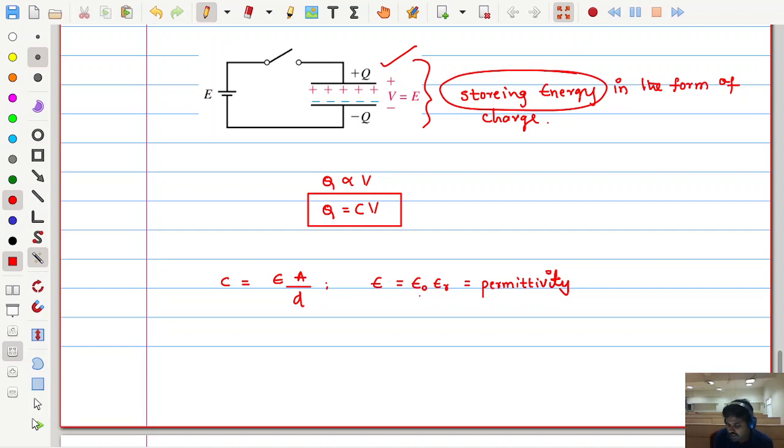Epsilon naught is free space permittivity, epsilon R is relative permittivity. Whereas in an inductor, it is permeability. Try to differentiate these two terms. Clear? A is the area of cross section of the plate, and d is the distance between the plates.